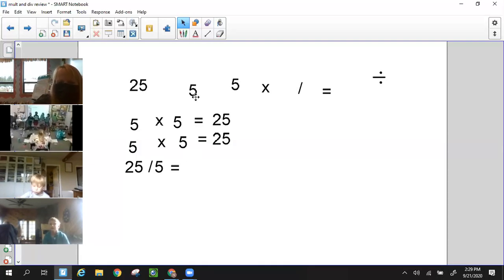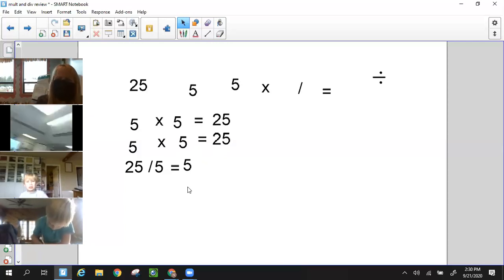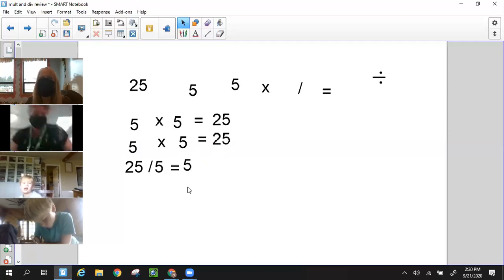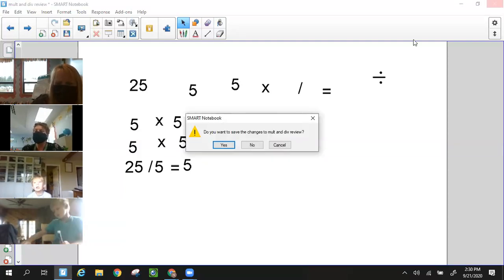Go ahead and read it for us, guys. 25 divided by 5 equals 5. And if you switch it around, it's just going to be the same because you have 5 2 times. That's called a fact family. They are related. I'm trying to show you that relationship between multiplication and division. I hope that helped.